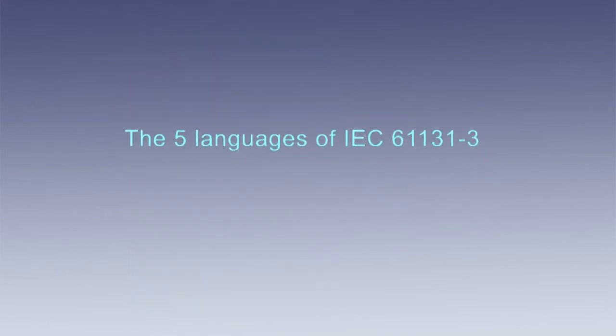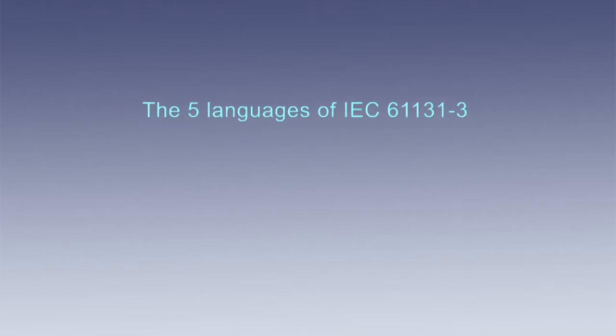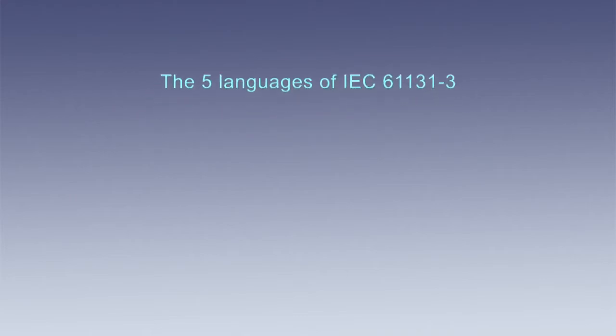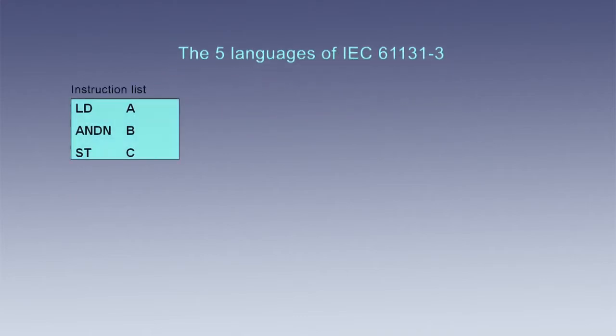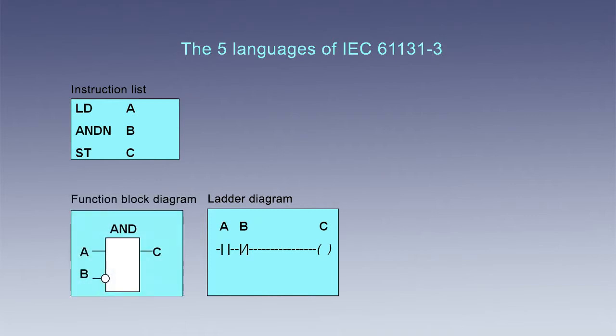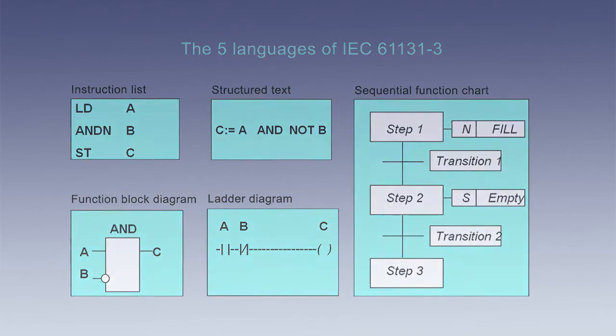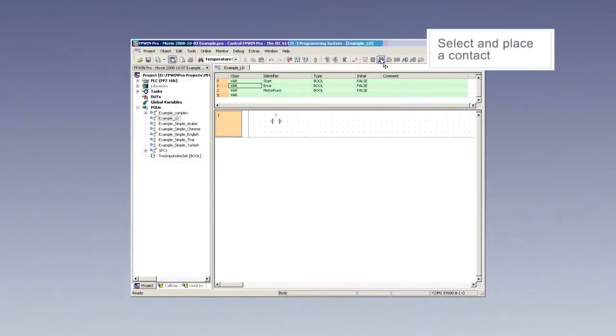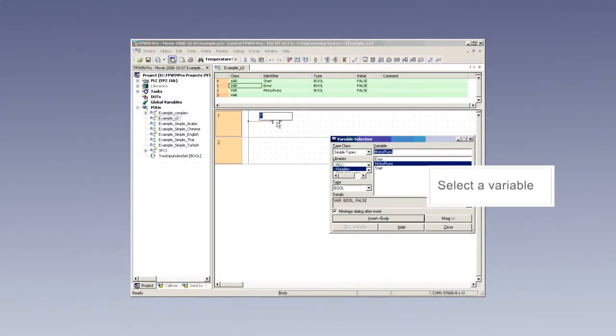FPWINPro offers all 5 PLC programming languages listed in the IEC standard: instruction list, ladder diagram, function block diagram, structured text, and sequential function chart. Ladder diagram is highly popular due to its graphic nature.